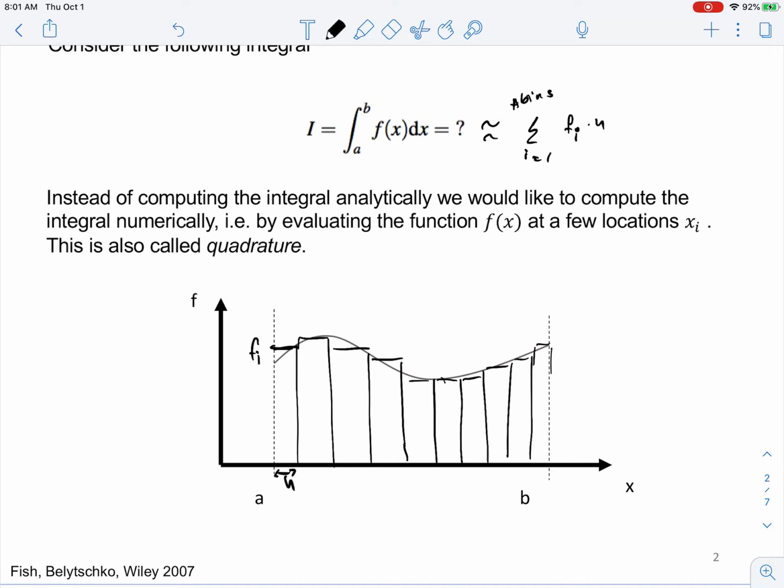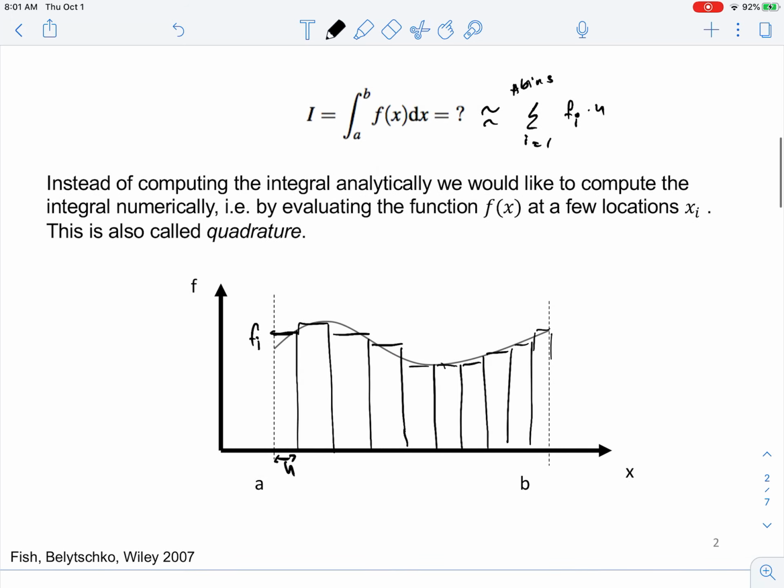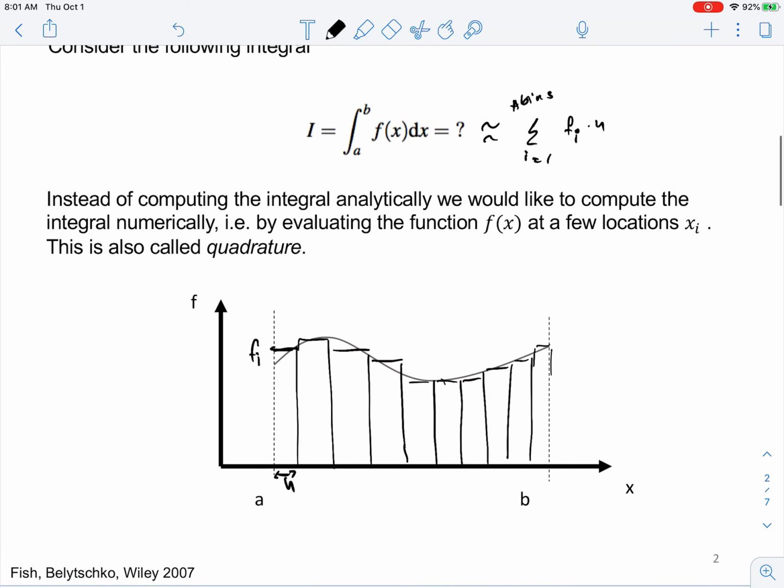So you can get the height of each of these little bins and then sum, let's say that h is the width of this, then you can sum all of those little rectangles and then you'll get an approximation of the integral. It gets a little bit more difficult when you are in 2D.